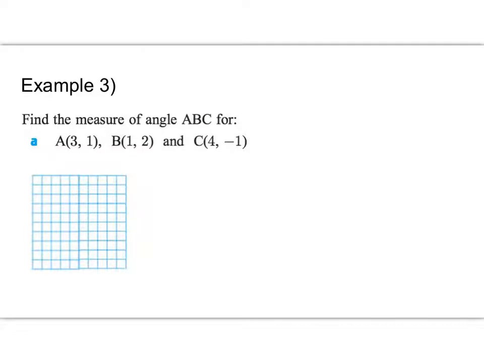Okay, so my third example is we want to find the measure of angle ABC. I'm going to put a grid here. We have 3 points. A is at 3, 1, B is at 1, 2, and C is at 4, -1. And I want to find the measure of the angle ABC.